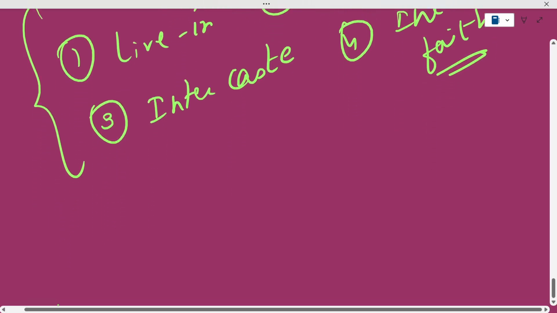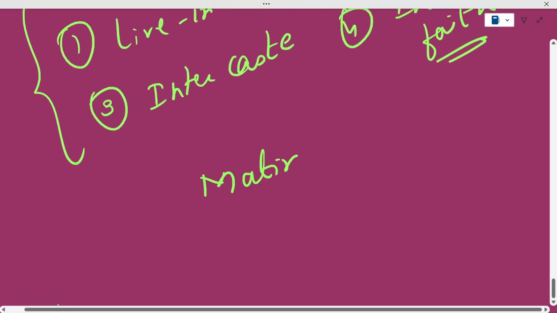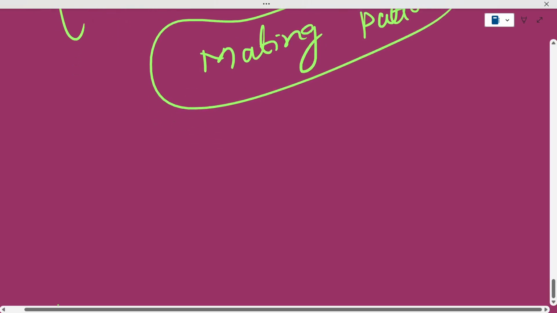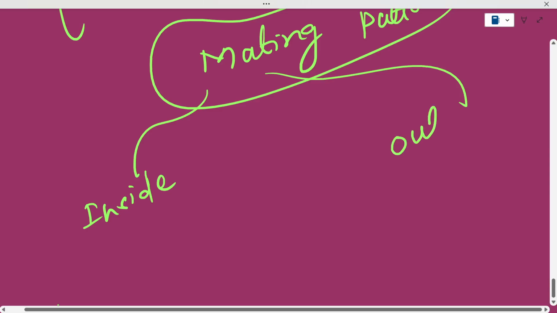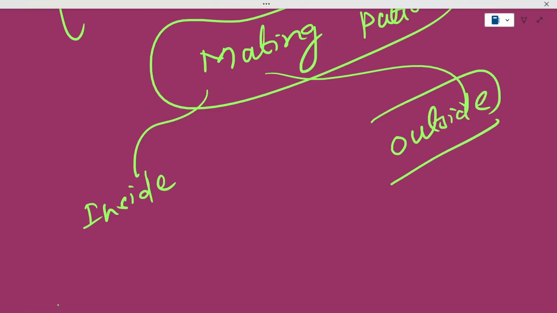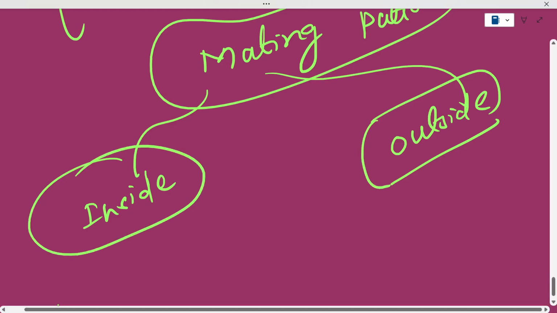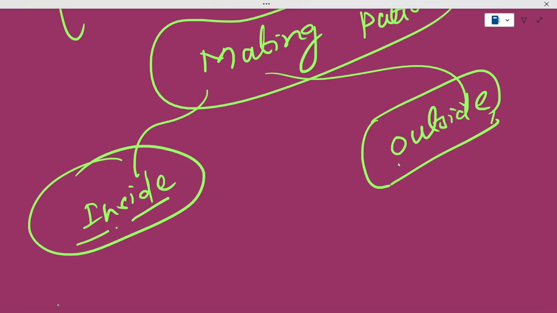All right. Now, the next group of mating patterns can be clubbed into inside versus outside. That's a very common grouping which I would like to put ahead in simple layman terms. The purpose of my division is to provide a broad outline of mating patterns that are related by blood.